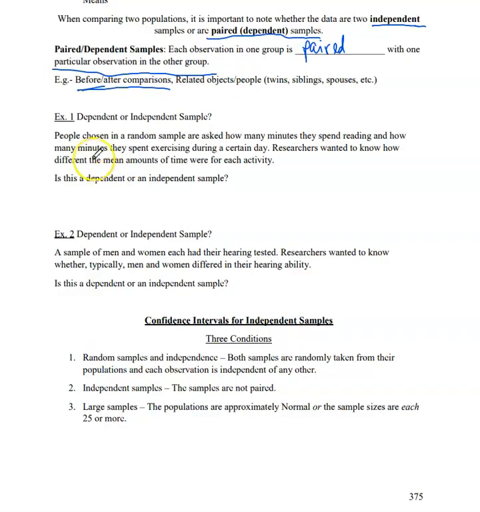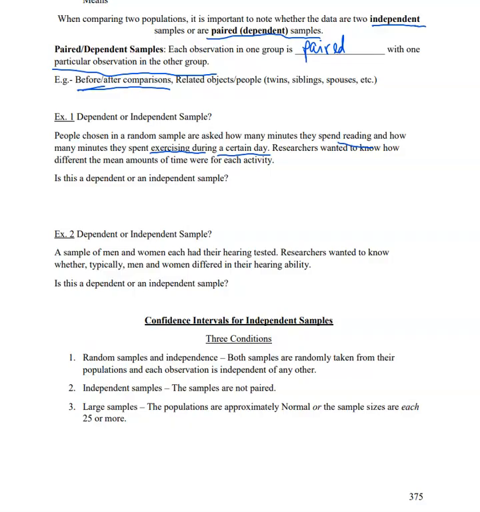The first example says the people chosen in a random sample are asked how many minutes per day they spend reading, and then we ask them how many minutes per day they spend exercising. And it's all in the same day. Researchers want to know how different the mean amounts of times were for each activity. So is this dependent or independent?